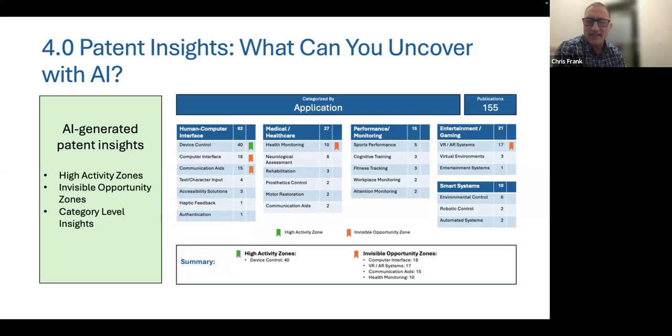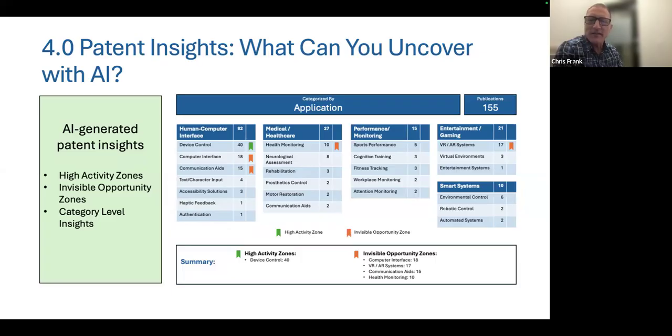The second group is the invisible opportunity zones. These are the zones that have activity in them, which means people are thinking that these are important areas, but they aren't putting all of the resources into them like they are in the high activity zones. These are the zones that you can own, you can dominate, if it's important to you and you see that as the emerging technology, or the space where you have a real value add in the marketplace.